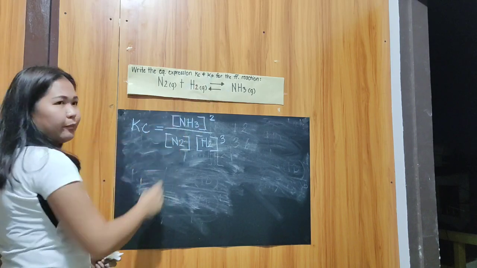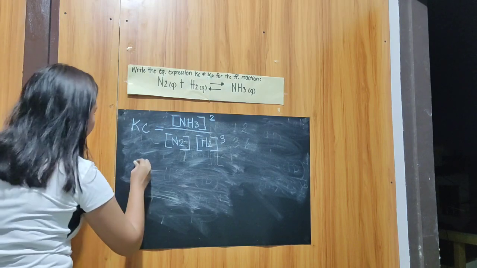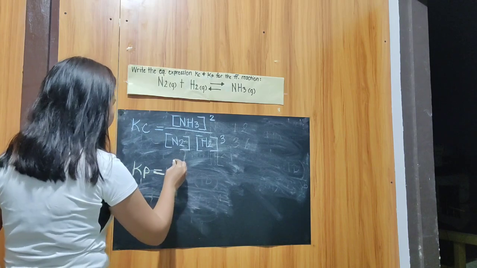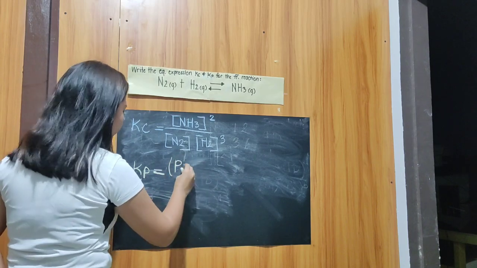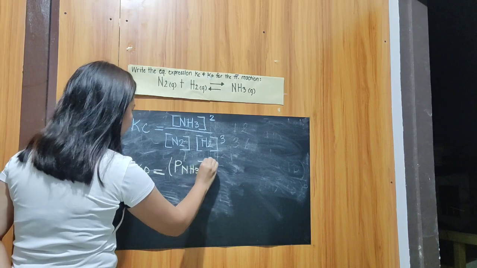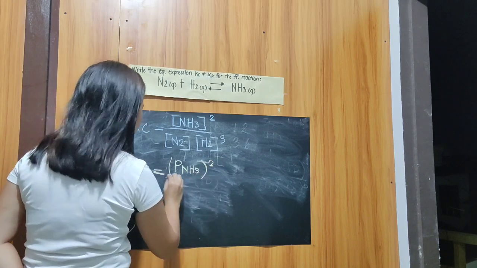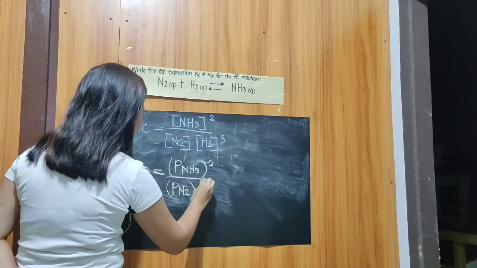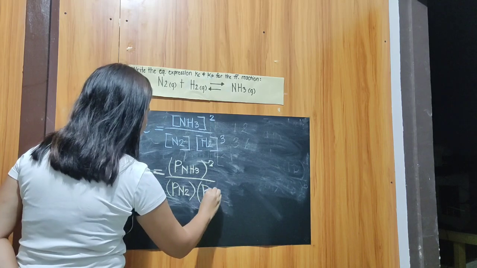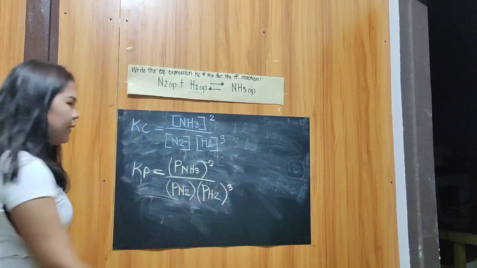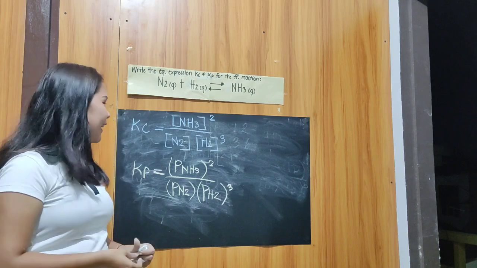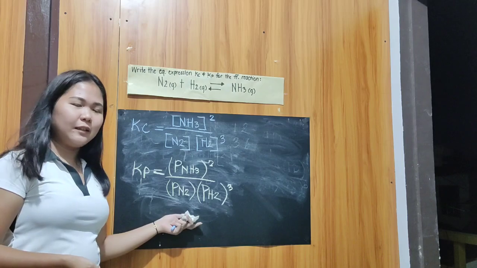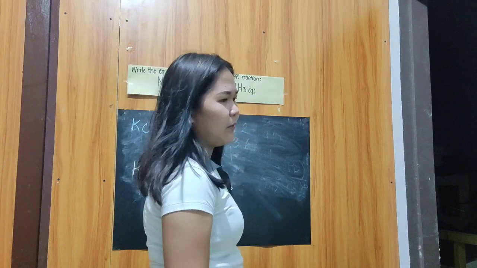So next is the partial pressure, Kp. What you need to do is add P, then copy. That's it. Super easy, right? Understood. Do you understand? Okay, let's proceed to the next problem.